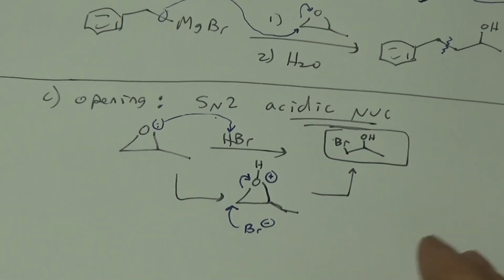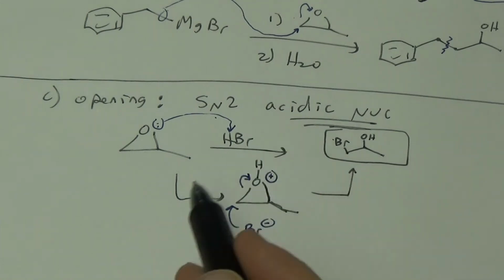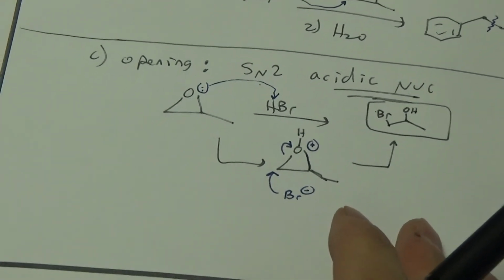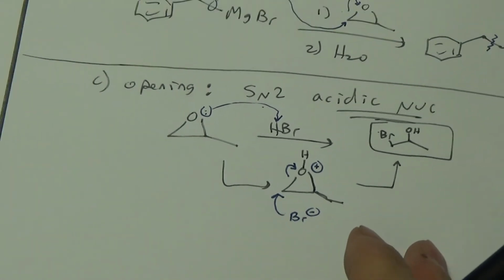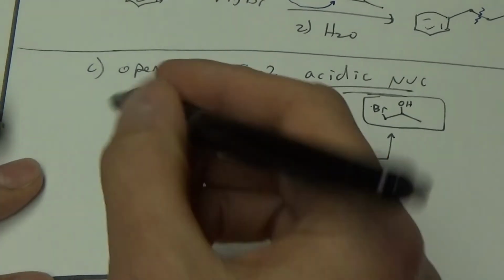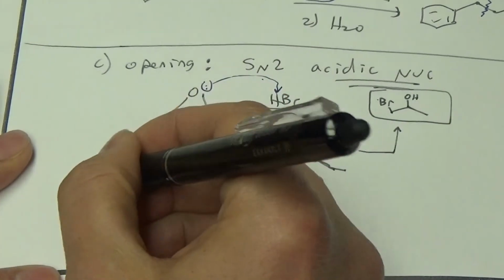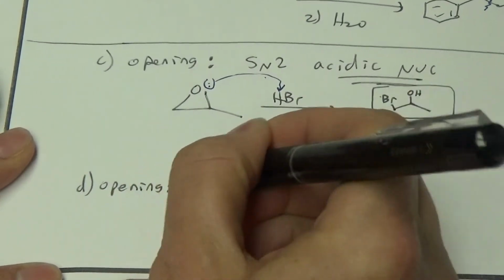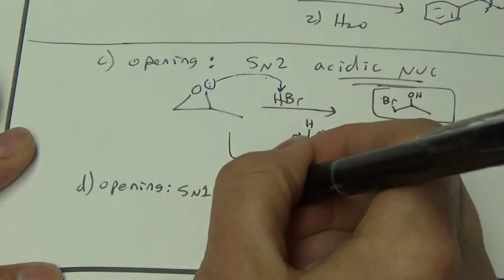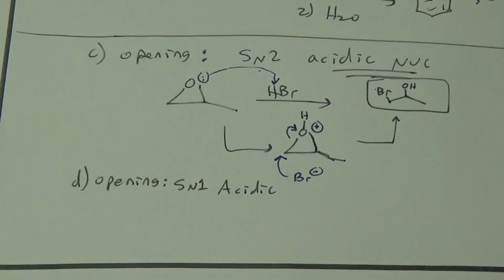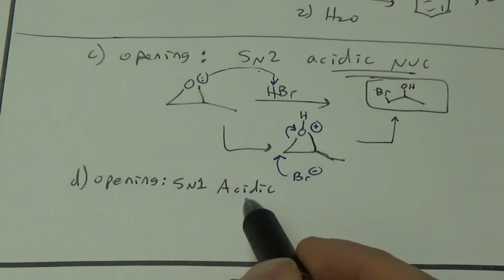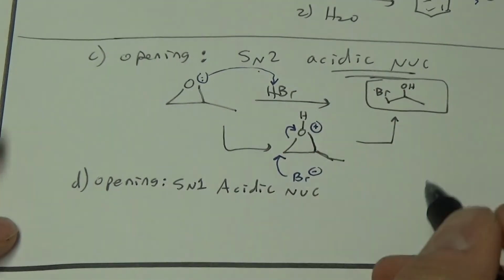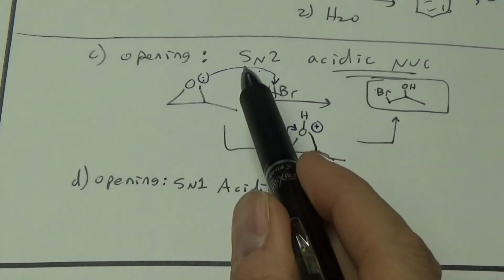Alright, so that's the SN2 acidic opening, and I just got to show the SN1 acidic opening, and then we're done. Sorry if I'm over a minute or two, but that'll be the 3 realms of opening reactions. So let's do opening SN1 acidic, and then we'll be all done. There'll be a tiny bit more in this chapter, but we've done all the hard stuff. SN1 with acidic nucleophile. Alright, so this is last.